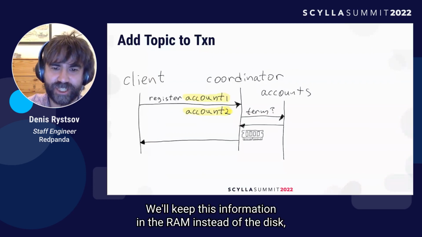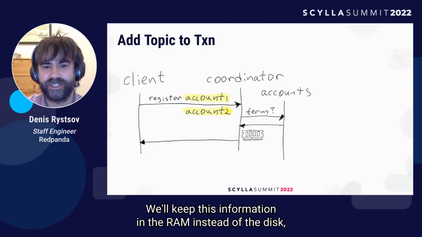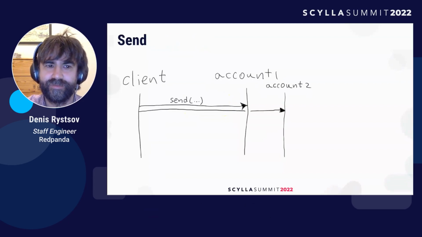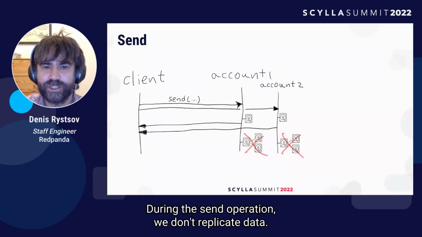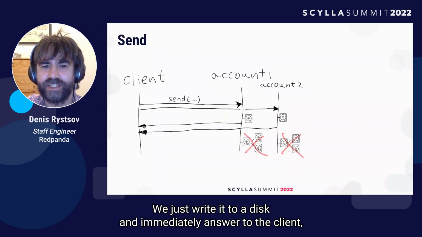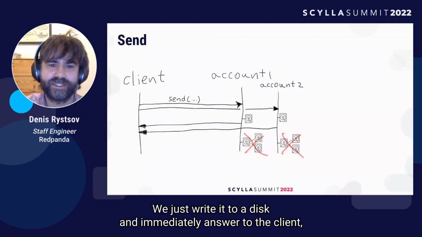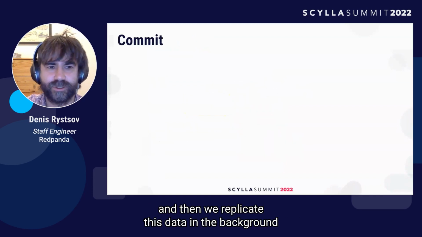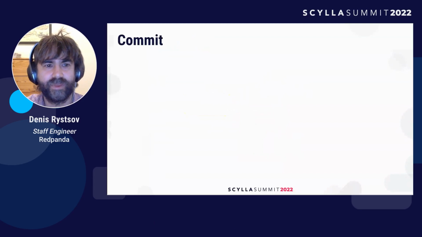We keep this information in the RAM instead of the disk, and we immediately acknowledge to the client. During the send operation, we don't replicate data, we just write it to disk and immediately answer to the client, and then we replicate this data in the background, so not in the hot path.